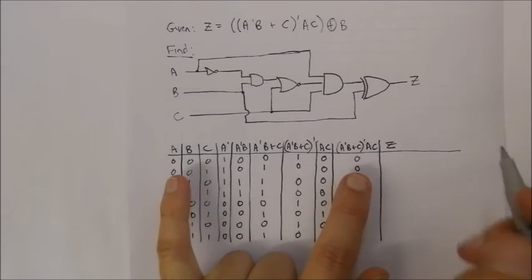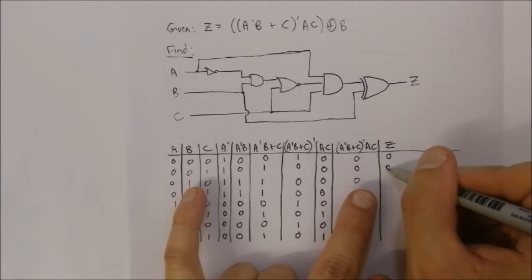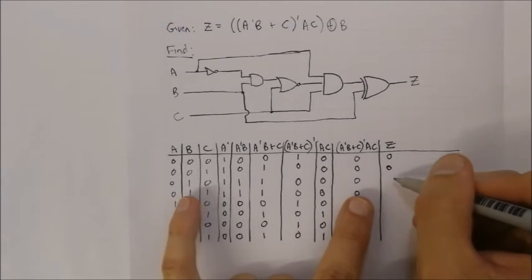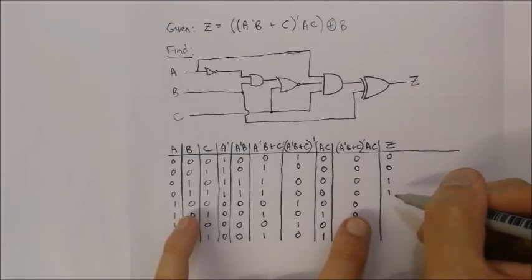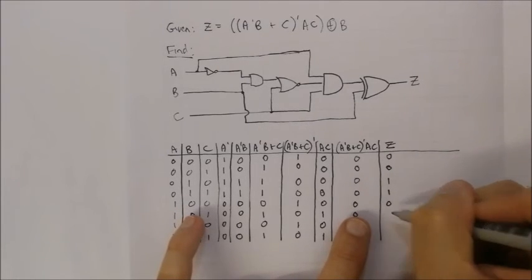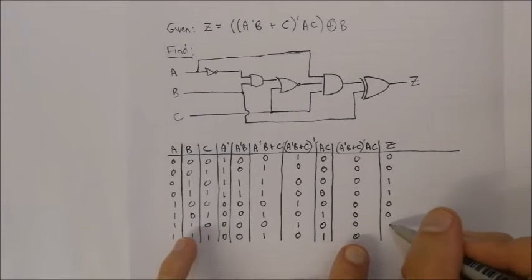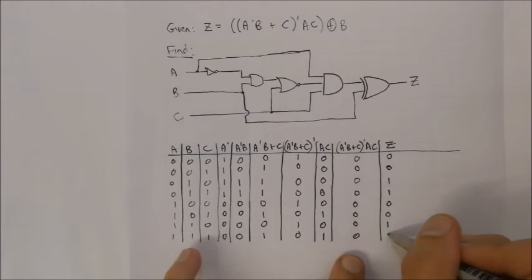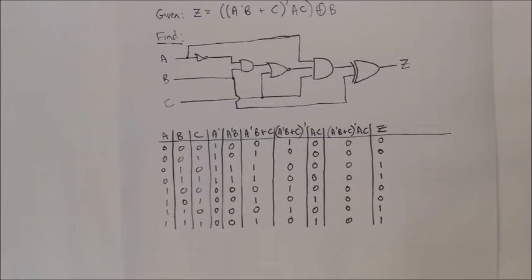So 0 plus 0 is 0. 0 plus 0 is 0. 1 plus 0 is 1. 1 plus 0 is 1. 0 plus 0 is 0. 0 plus 0 is 0. 1 plus 0 is 1. 1 plus 0 is 1. Okay, so that is our truth table.